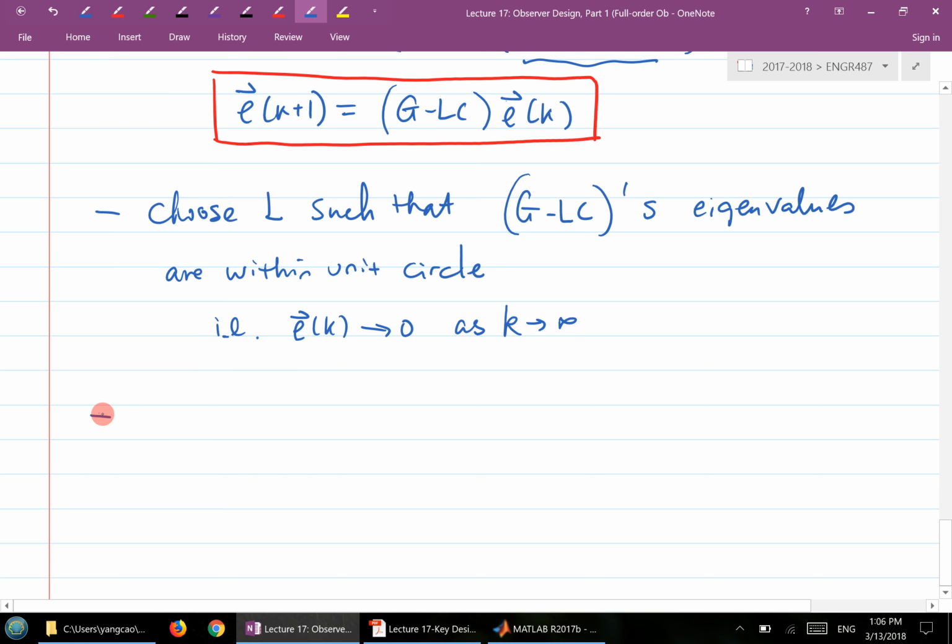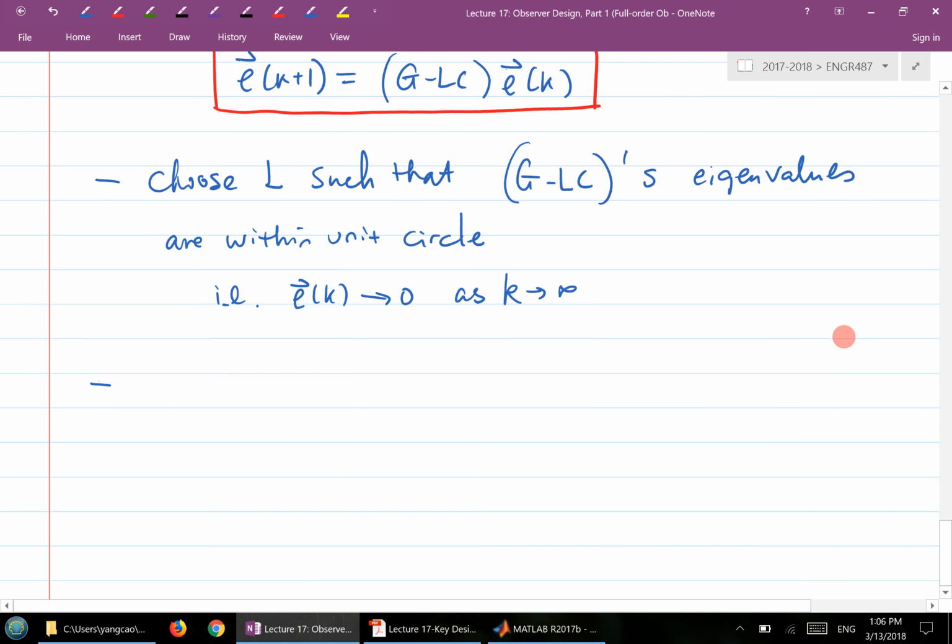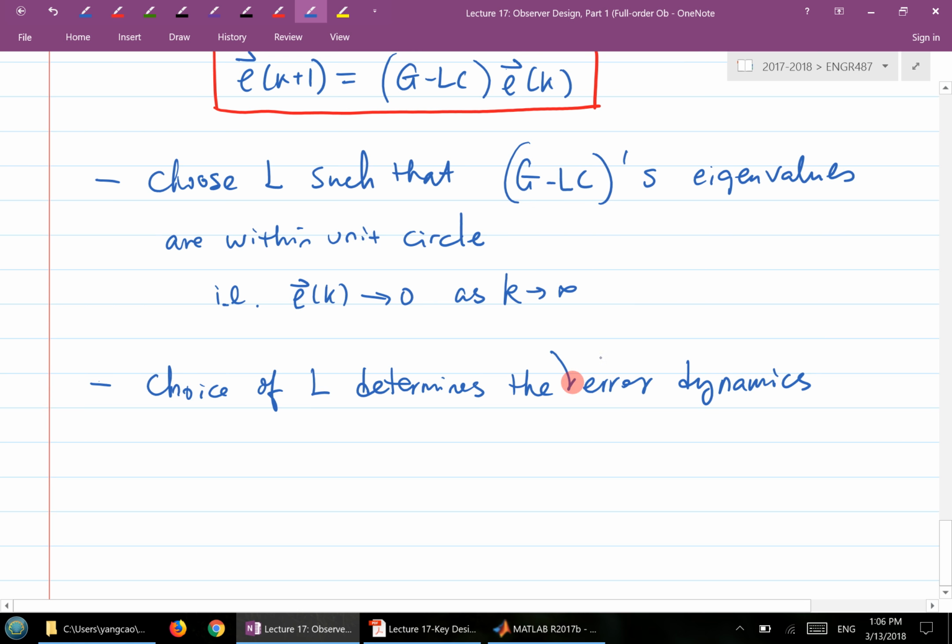However, you do need to choose L wisely and appropriately, not an arbitrary choice, because the choice of L determines the estimation dynamics.